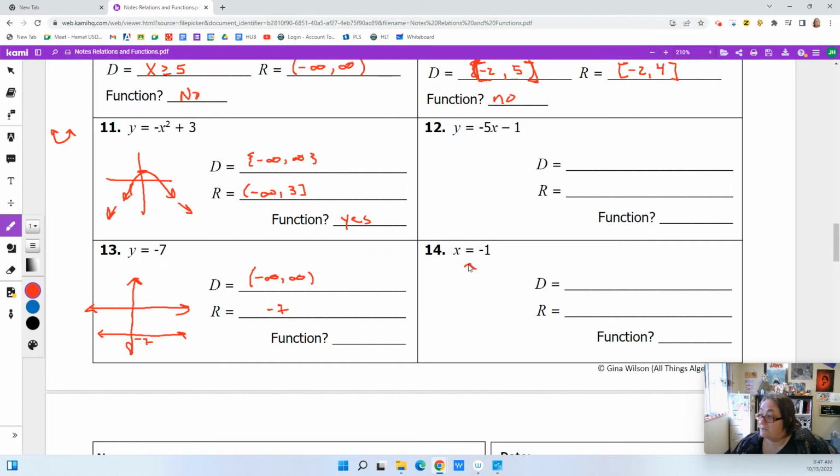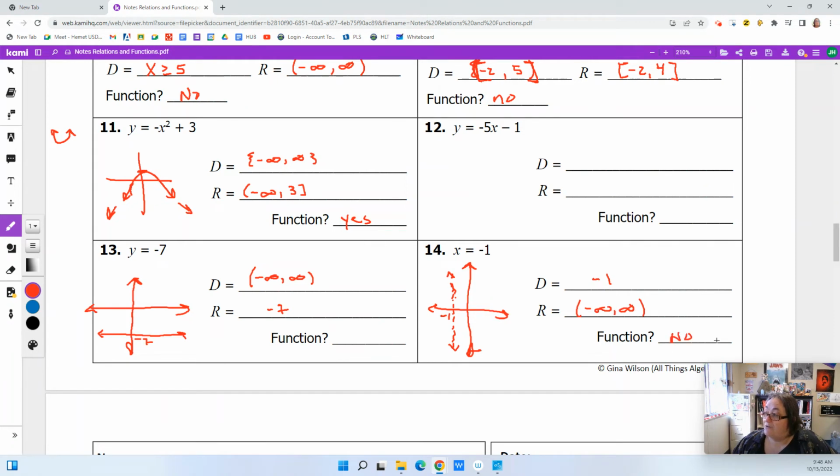Where if I look at this one where I've got x is -1, it's a terrible graph, right? Pretend that's a straight line at -1. So no matter what I have, my domain is only -1, but my y value can be anything from -infinity to infinity.